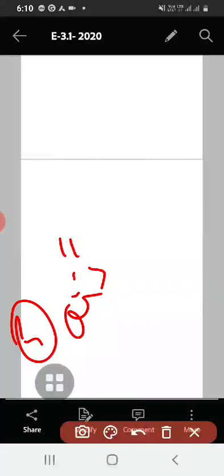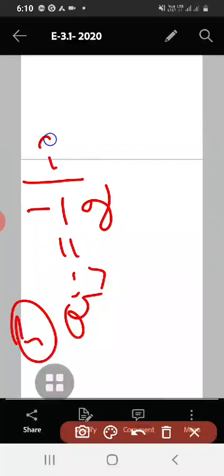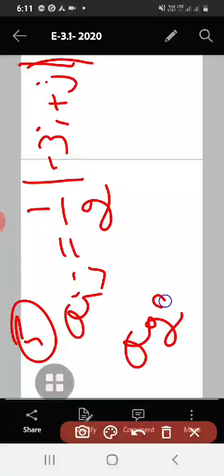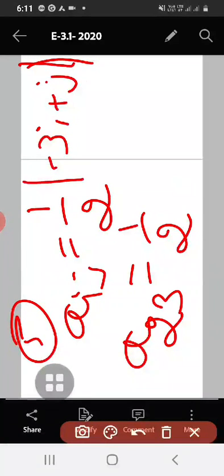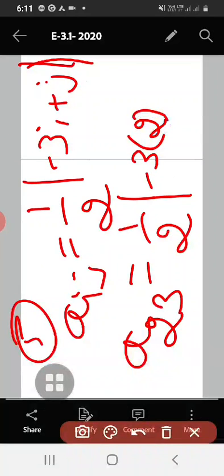aij was given as half into mod of minus 3i plus j. So for a23, we can substitute here: half mod of minus 3 into 2 plus 3.